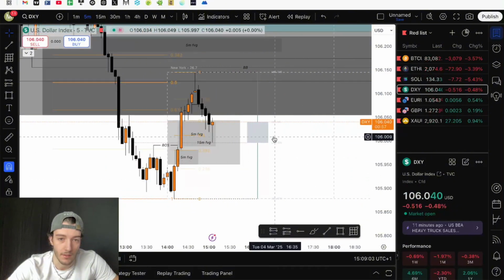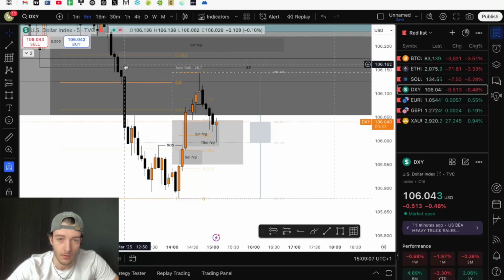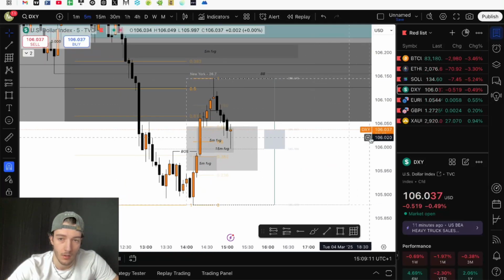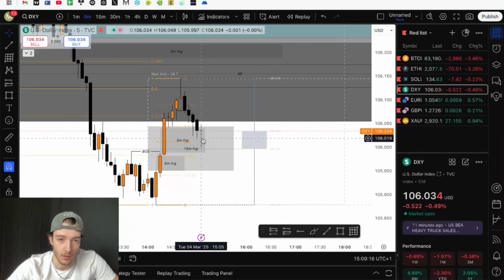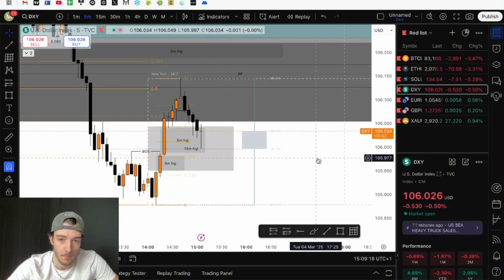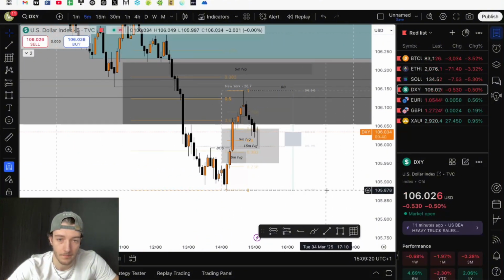So far it looks like the dollar just wanted to come into discount price and move the price a bit more up on the 5-minute. In 45 seconds we will see whether this candle is gonna close above or below this level here.